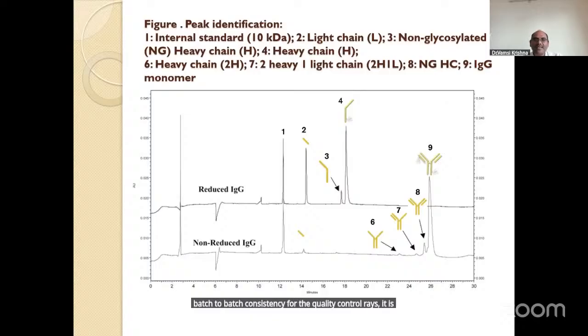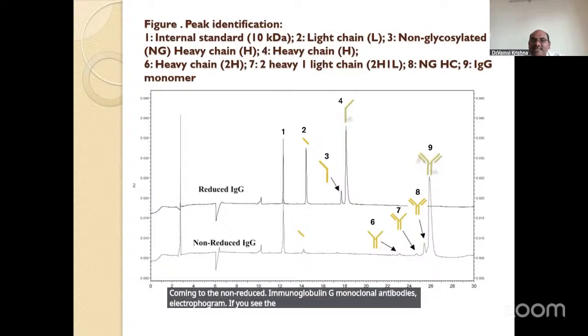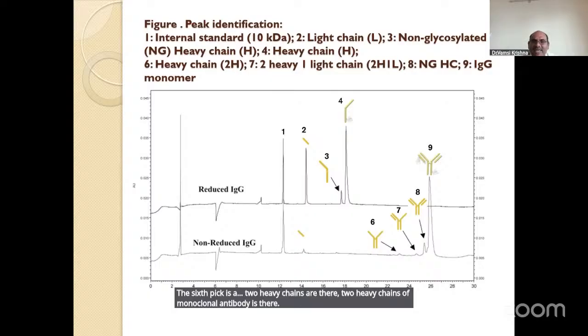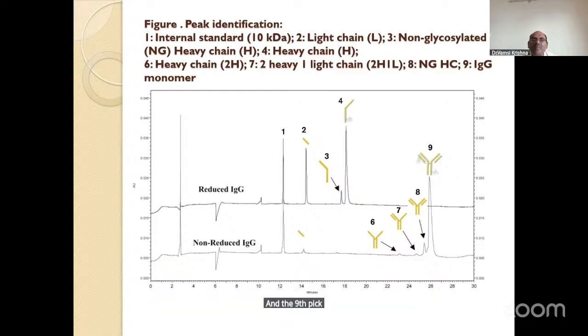It is very useful. Coming to the non-reduced immunoglobulin G monoclonal antibody electropherogram, the sixth peak is two heavy chains of the monoclonal antibody. The seventh peak is two heavy chains and one light chain. The eighth peak is a non-glycosylated heavy chain, and the ninth peak is immunoglobulin G monomer.